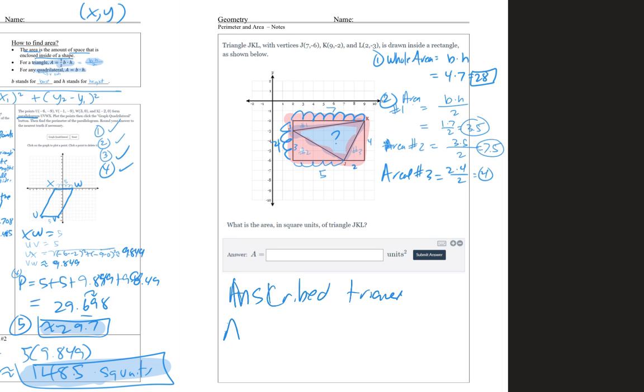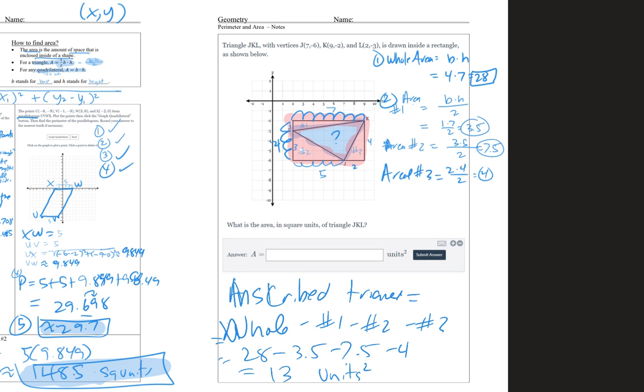It's going to be equal to the whole minus number 1 minus number 2 minus number 3, right? So let's put it in our calculator. It's going to be equal to 28 minus 3.5 minus 7.5 minus 4, and that's going to be equal to 13 square units. All right, so that's it.